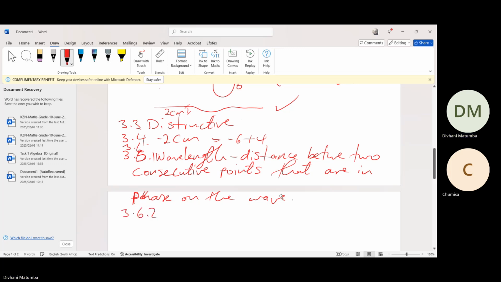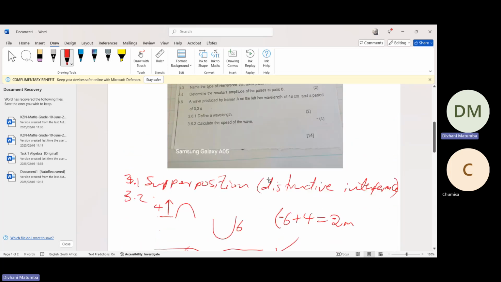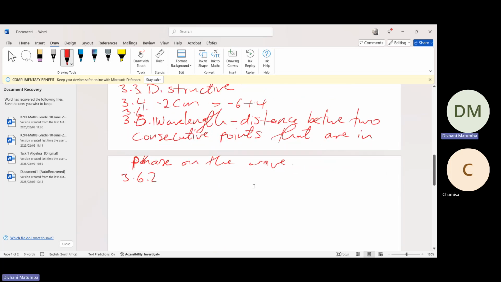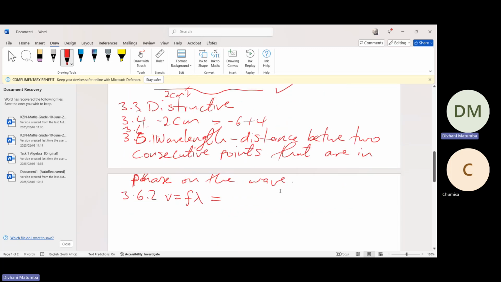3.6.2. Calculate the speed of the wave. How do we go about finding the speed of the wave? It's going to be v equals frequency times wavelength, f lambda. What is our frequency?